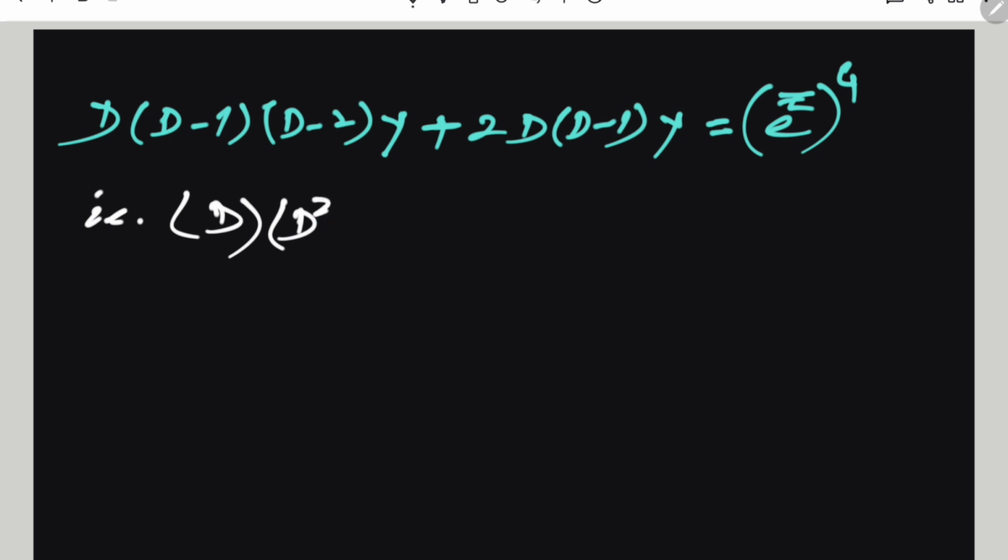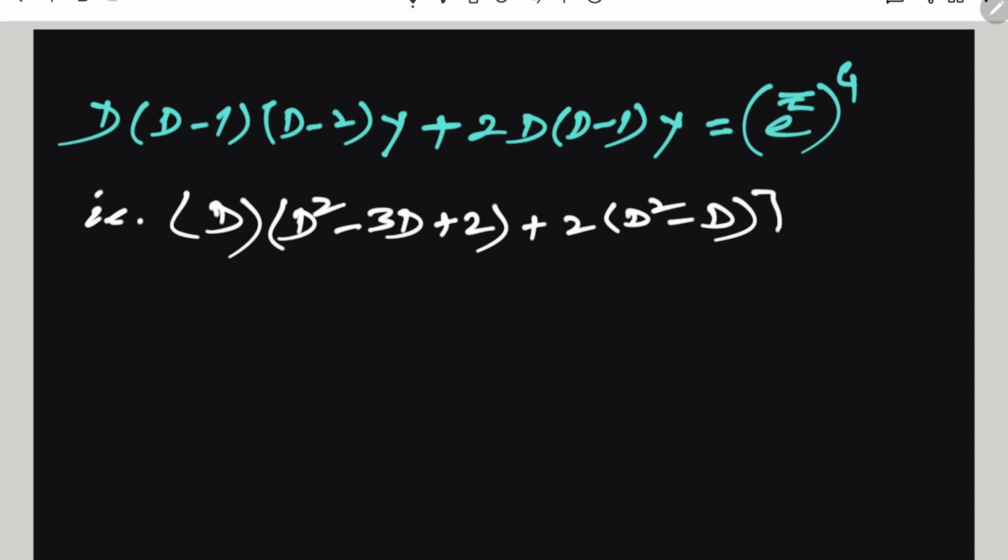Simplifying it, the product of the terms becomes D cube minus 3D square plus 2D, and the second term is 2 times D square minus D, taking y common, equal to e raised to 4z.